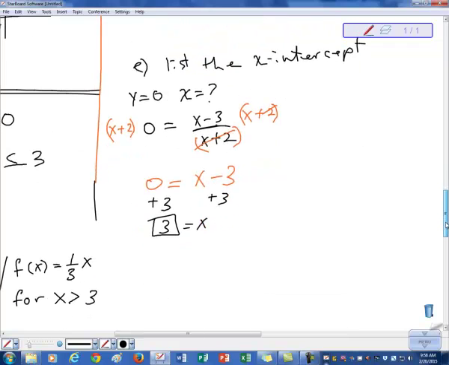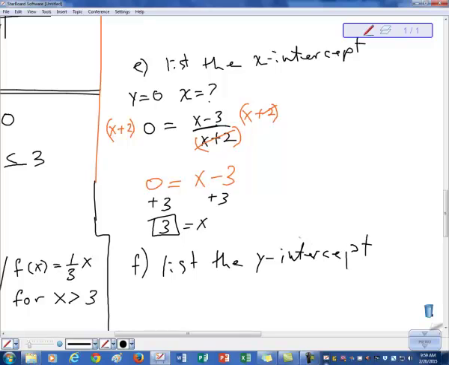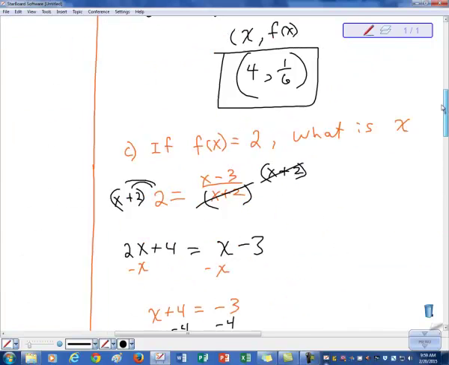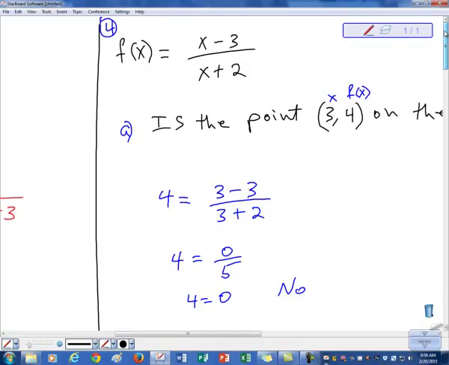Alright, and then part F, list the y-intercept. So now we're going to set x equal to 0 and solve for y. So we're going to take our function again up here, and we're going to put 0 in for x. x minus 3 over x plus 2.